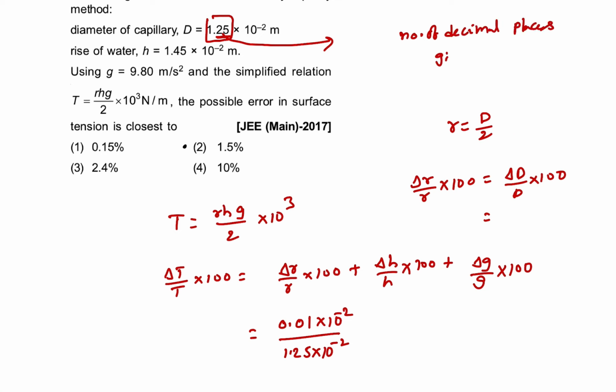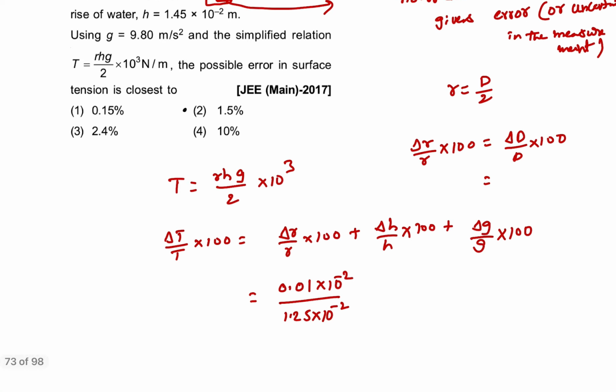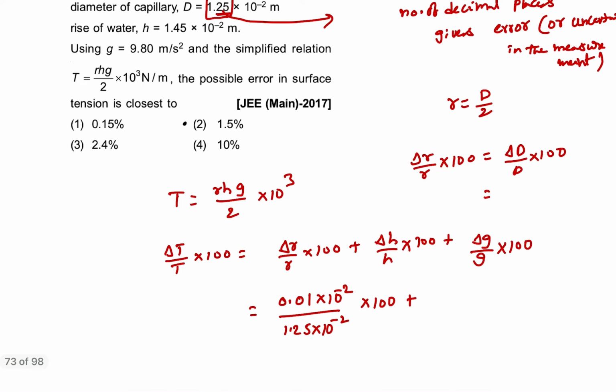The number of decimal places gives the error or uncertainty in the measurement. Later we can say it is the precision value also. This is only precision also.